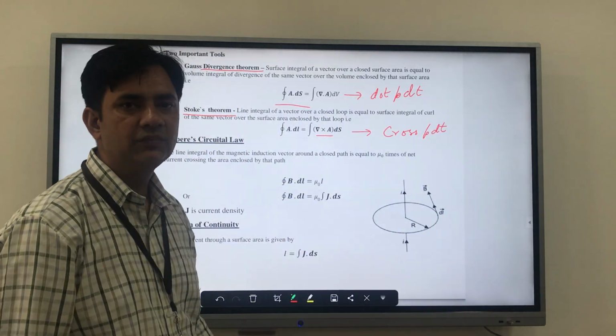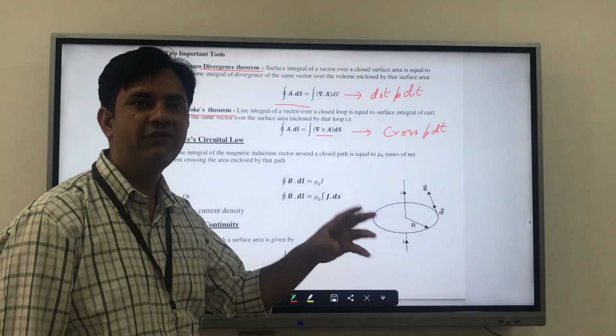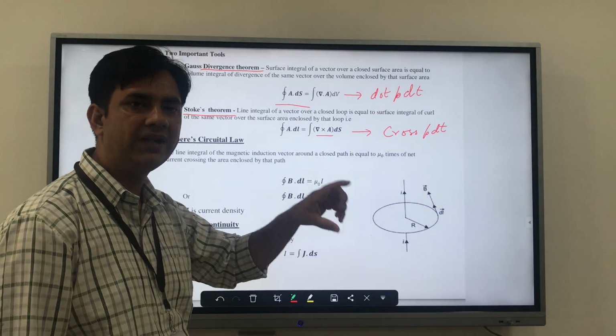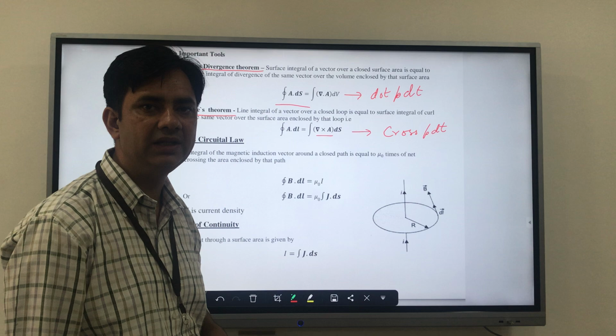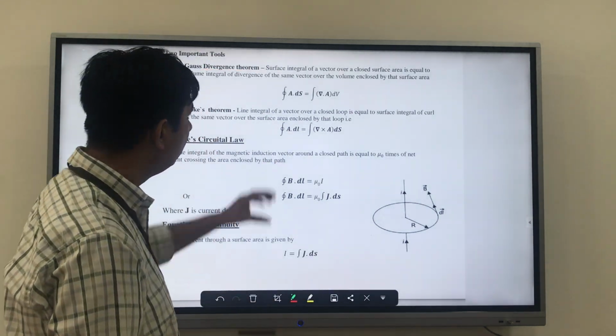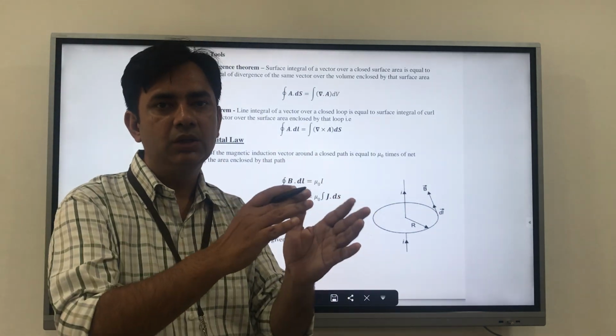So if you take a dot product of del with some vector, then it's a divergence, and if you take a cross product of that particular del operator with any vector, then it will be a curl, or Stokes. We use them when we are going to convert one form to another.